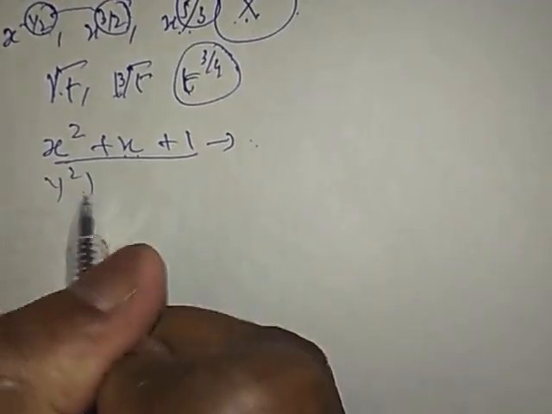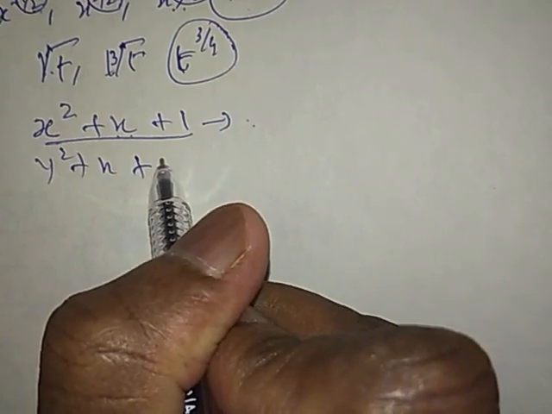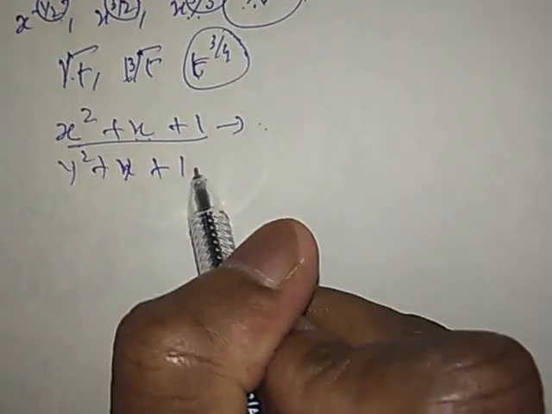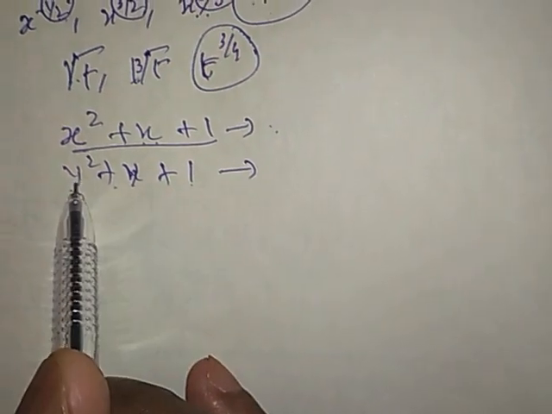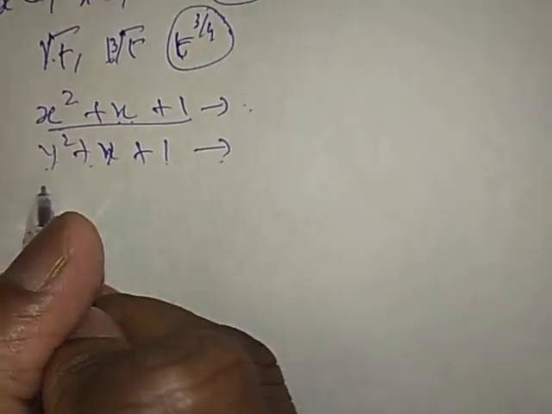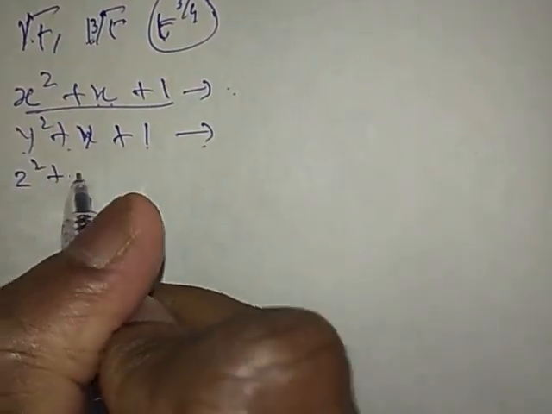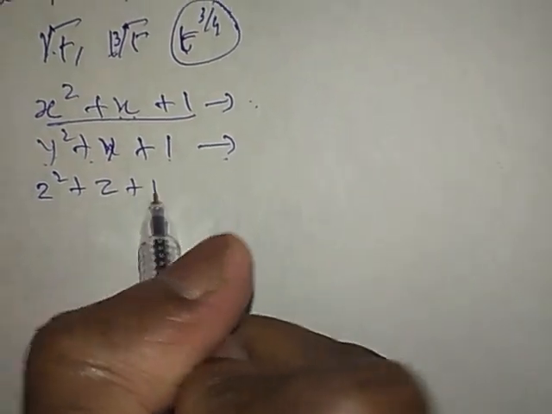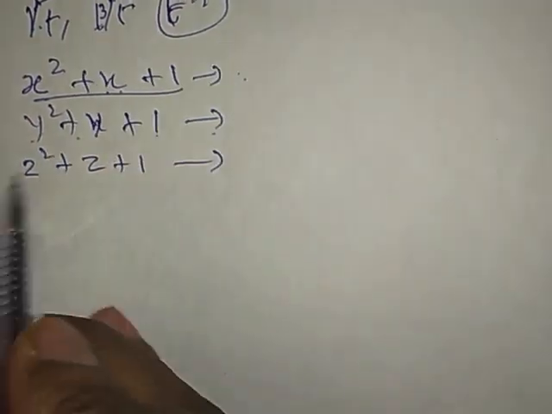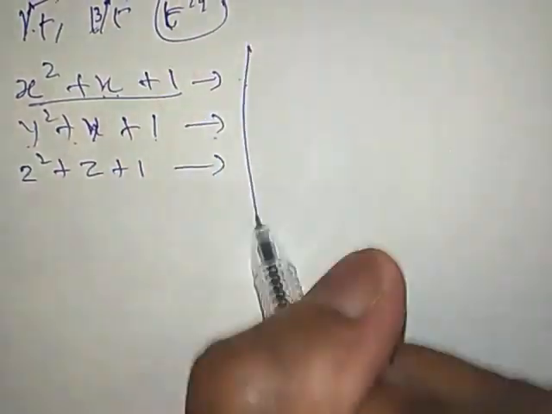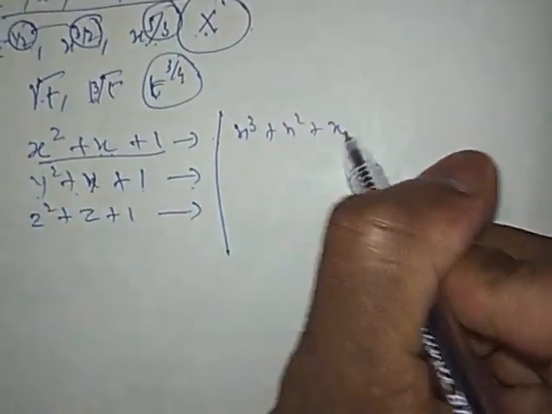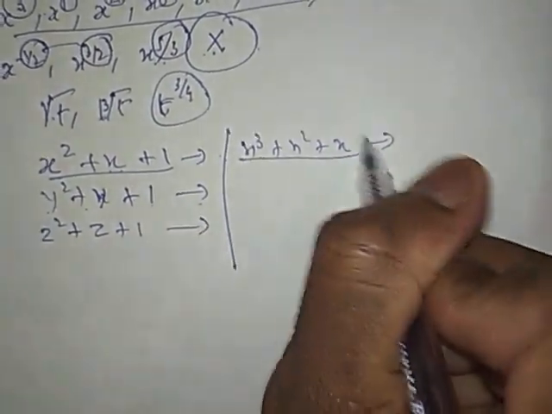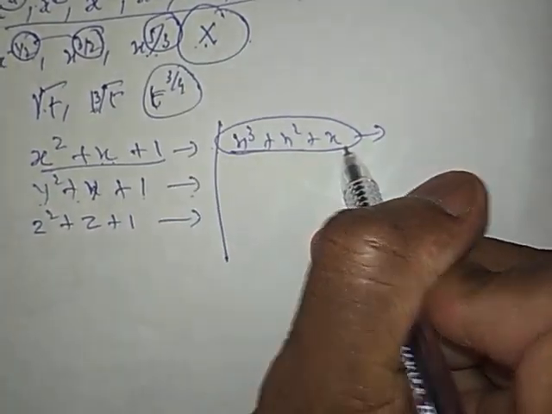Suppose it is y square plus y plus a constant, then it is one variable in y. Suppose z is there, z square, z, then it is one variable in z. Even if there is x cube, x square, x, it is also a one variable polynomial in x.